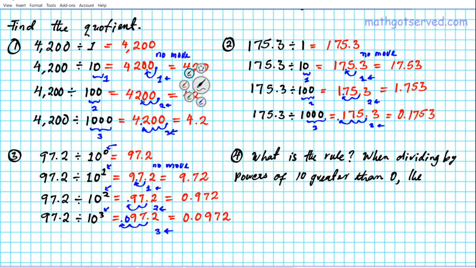The number gets what? It gets smaller, which is as a result of doing what? Of moving the decimal point.